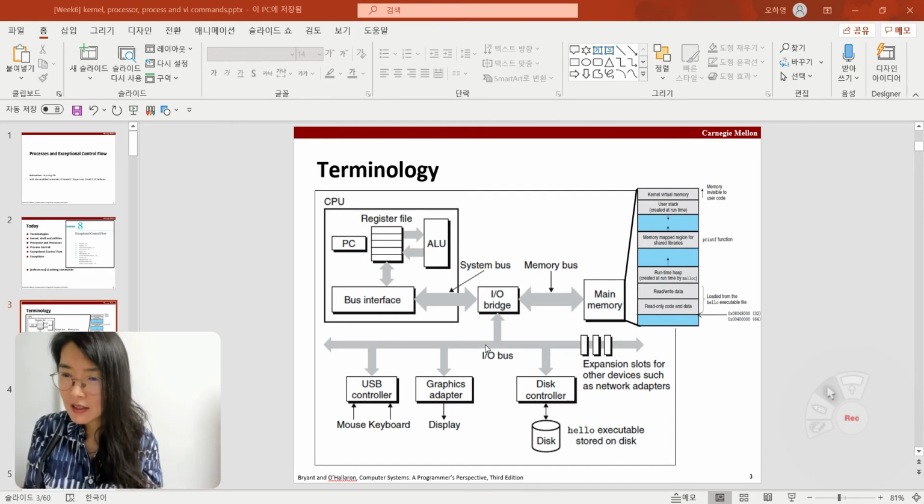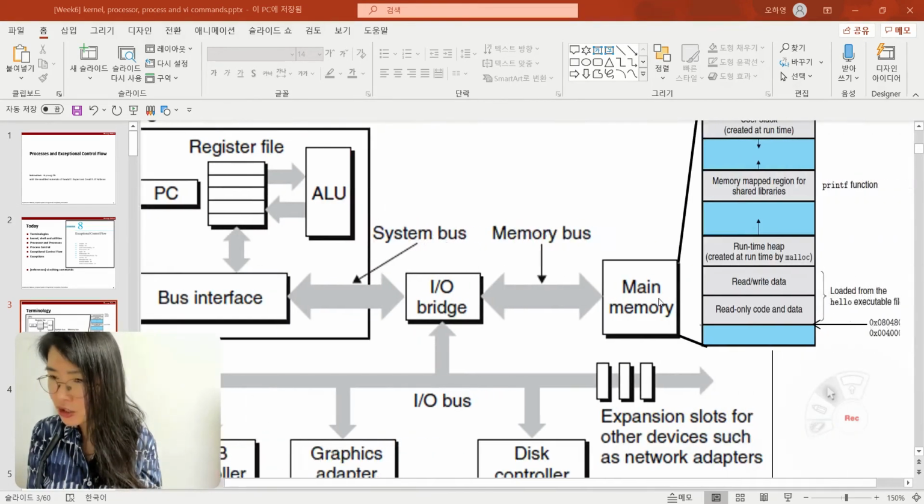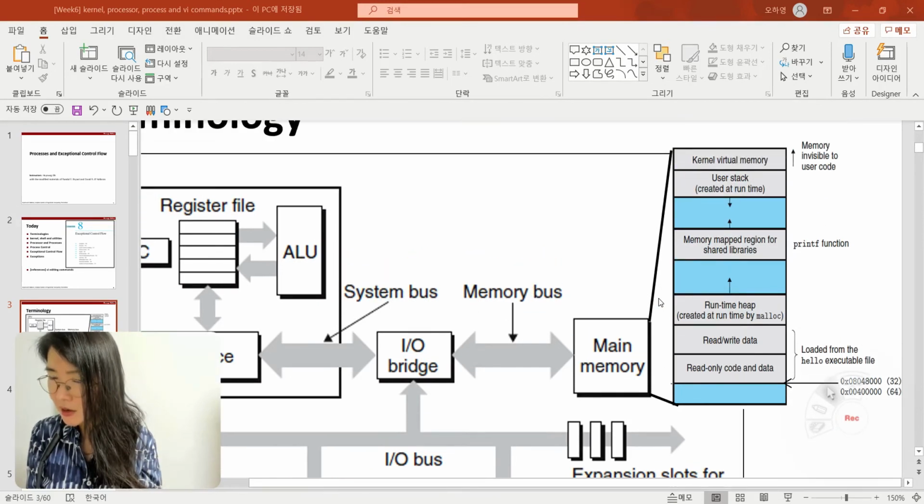Okay, so do you remember the main memory, each space? We will touch this concept in detail in the future, so don't worry about it. But I recommend you become familiar with the space names as well as the location of each space of the main memory.